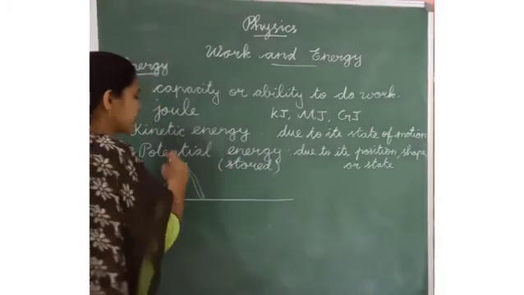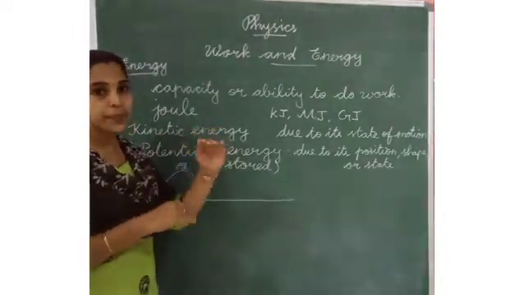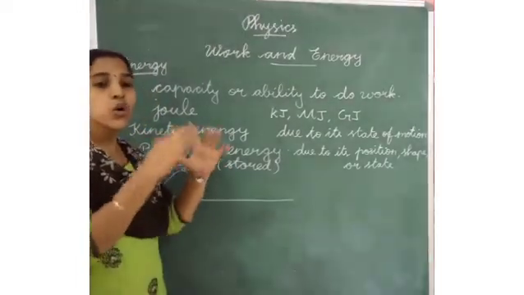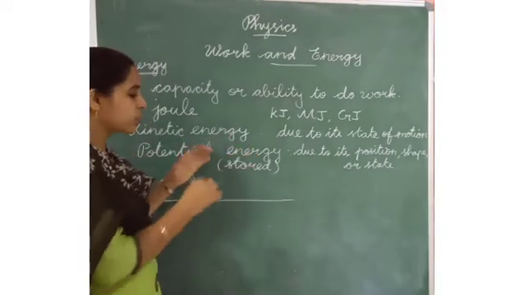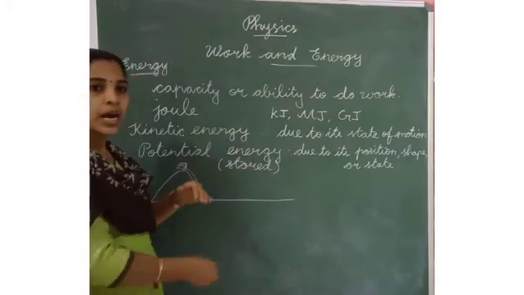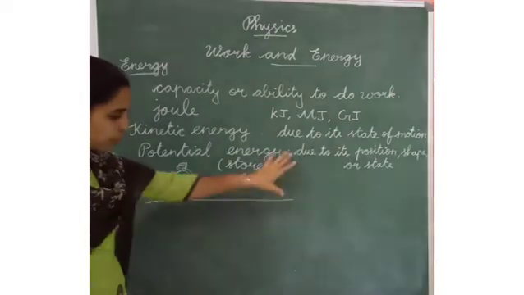Stored means the potential energy of an object will be stored in the place. For example, water stored in a dam. Then books are on the table. It has some height from the ground. This is the ground, the board is here.